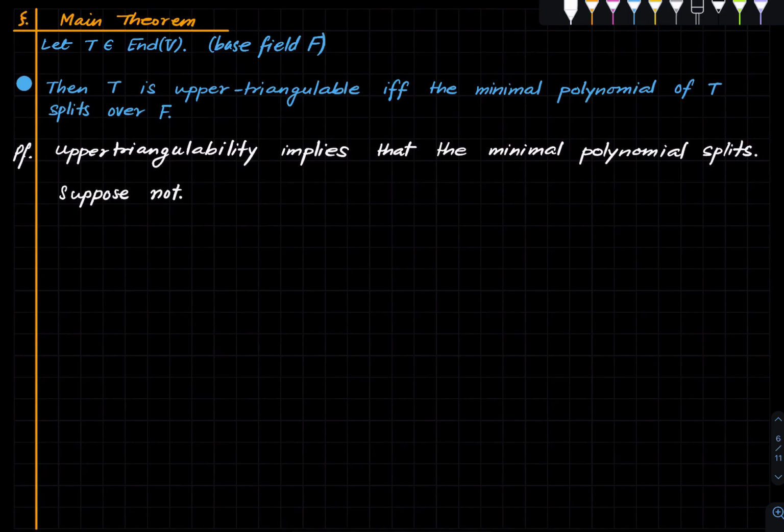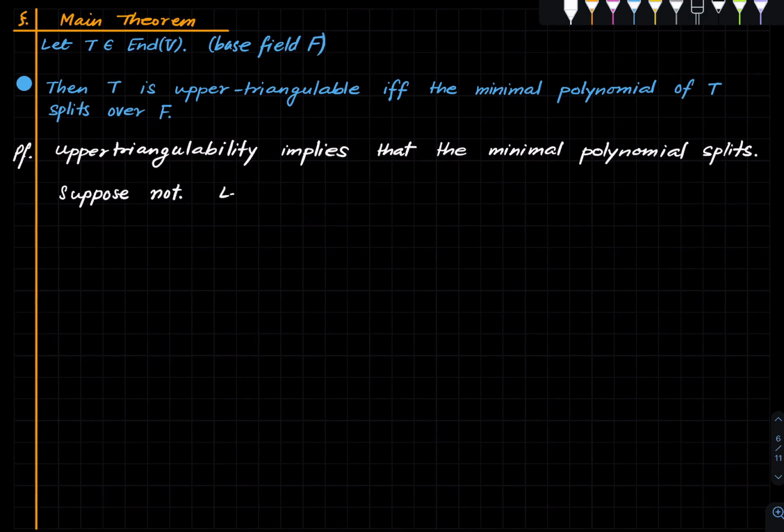So there exists an endomorphism T on some vector space V such that T is upper triangulable, but the minimal polynomial of T does not split over the base field F. There exists such a thing, and therefore we can choose such a pair, if you will. The pair is an endomorphism T and the vector space V. So we can choose a pair where the dimension of the vector space V is the smallest possible.